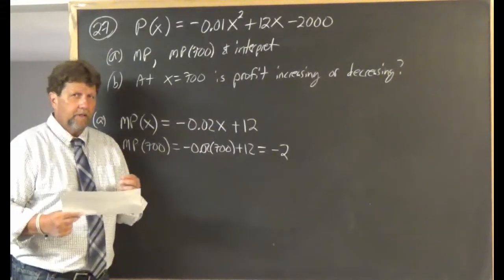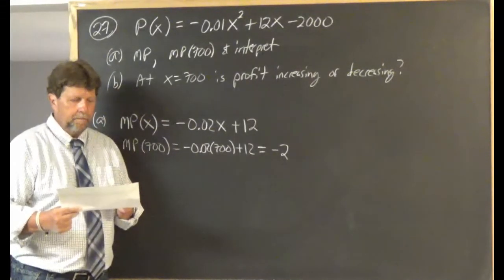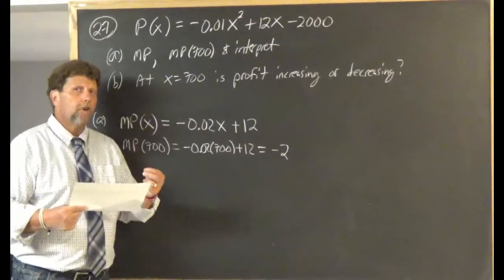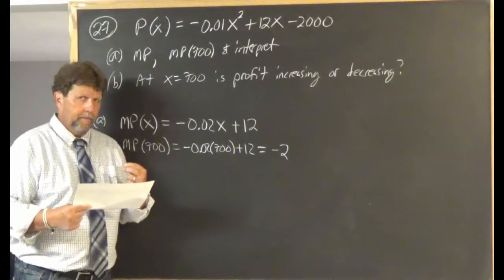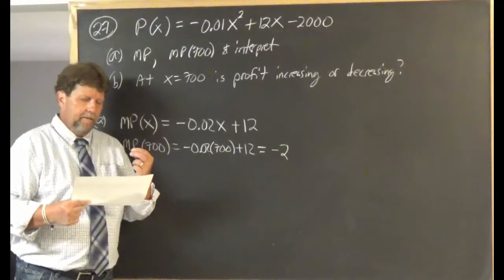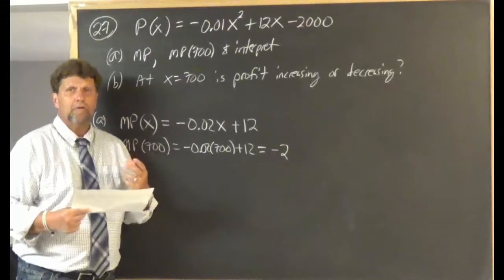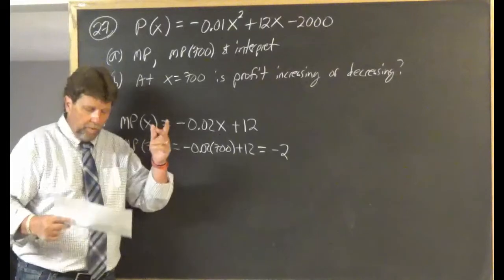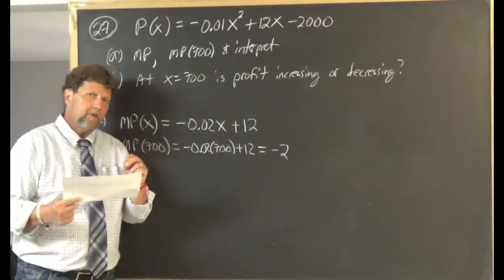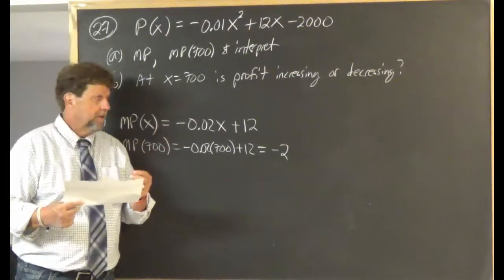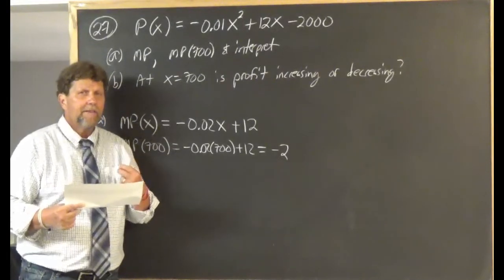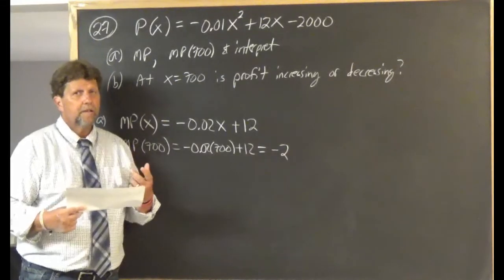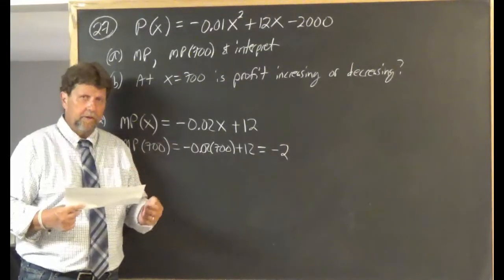It means at a production level of 700 radios, to make and sell the 701st radio results in a loss in profit of about $2. It's a negative number. So one more time: at a production level of 700 radios, to make and sell the 701st radio results in a loss in profit of about $2.